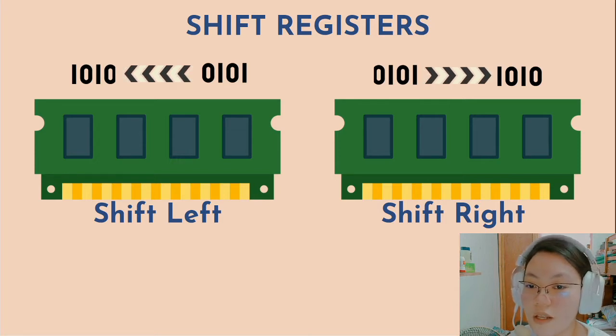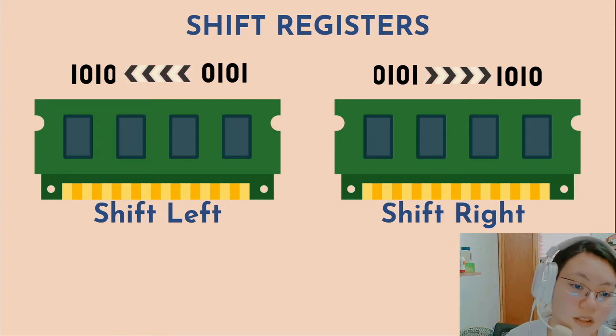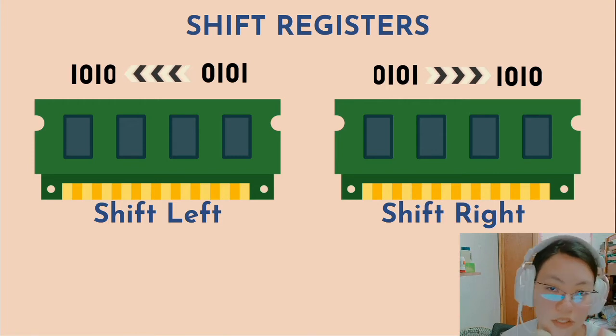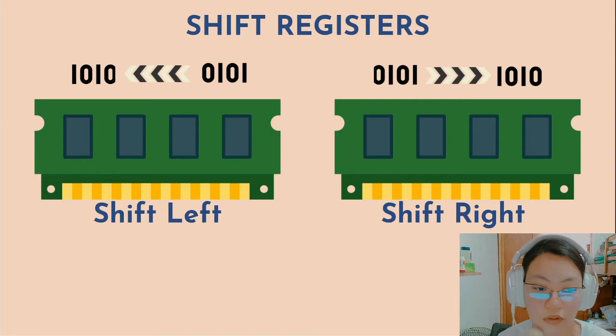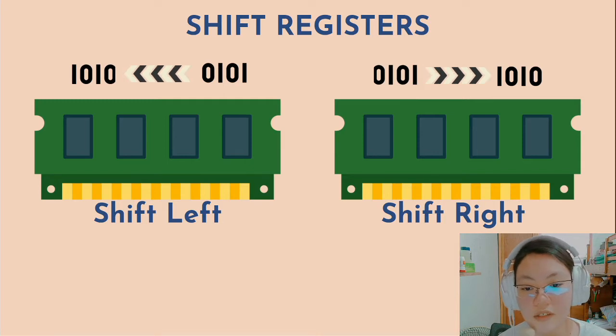Diba nasa pinaka-left? Pag binary, base 2. Kaya multiplied by 2 siya. So, pag shift right naman, divided by 2. Kasi, least significant bit na yung nasa pinaka-right. So, kung yung data umuusod to the right, then nababawasan siya or lumiliit siya. So, yun yung pinaka-comprehensive way to understand shift registers for me.